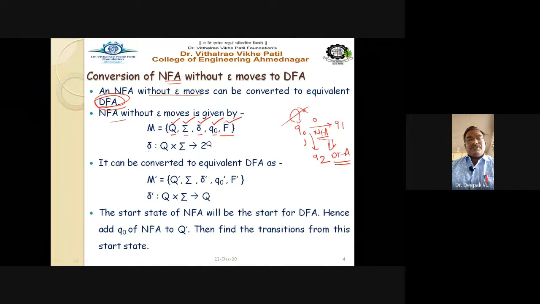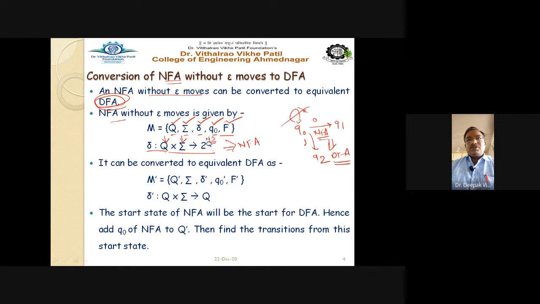And the transition function is described like this: delta is Q into sigma gives 2 raised to Q, means current state into input symbol gives you the next state or the new state, right?